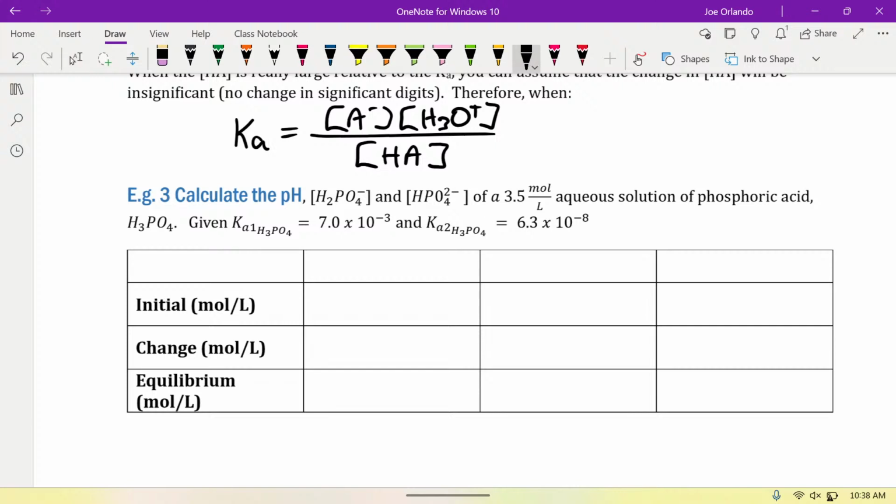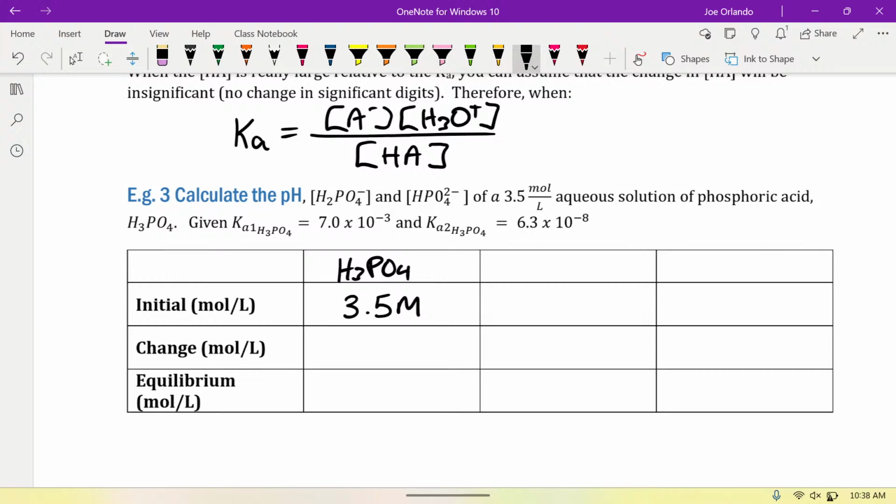But I want to show you something, which is, see this number here? We're not going to do the math yet today, but down here, we're going to end up with 3.5 molar. That's what we started with of our acid. We start with H3PO4, and its concentration is 3.5 molar.